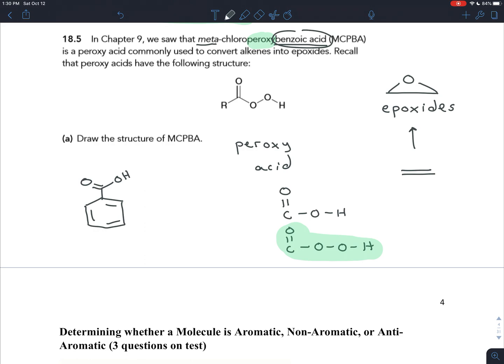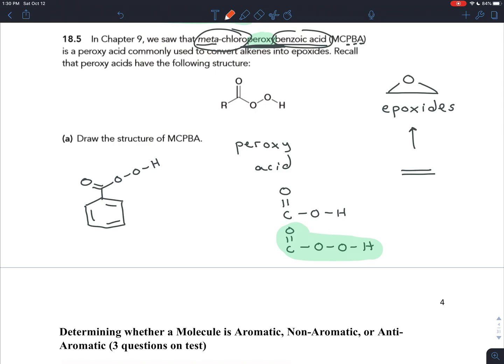But it's not just benzoic acid, it's peroxy benzoic acid. So we have to stick that other oxygen in there. So there we have peroxy benzoic acid. That takes care of the P, B, and A, peroxy benzoic acid. And then you just need the meta-chloro. Well, now we know what meta means.